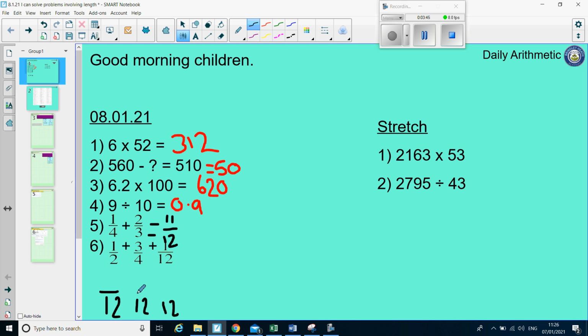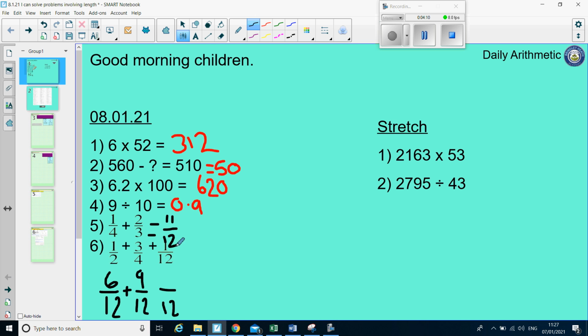So I'm going to write those fractions out again, but this time with denominators of 12. So what do I times 2 by to get the denominator 12? I've got to times it by 6. I do the same to the top, so it becomes 6/12. What do I times 4 by to get the denominator 12? I times it by 3. Do the same to the top, so it becomes 9/12.